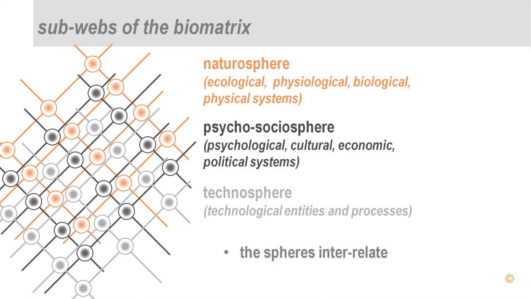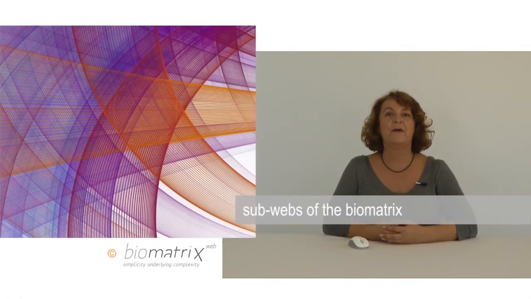The systems co-produce each other, and the result is that each system of any of the spheres reflects the characteristics of the systems of the three spheres, making a system multidimensional. So the project you're working with will have a natural dimension, maybe a health dimension or ecological dimension.